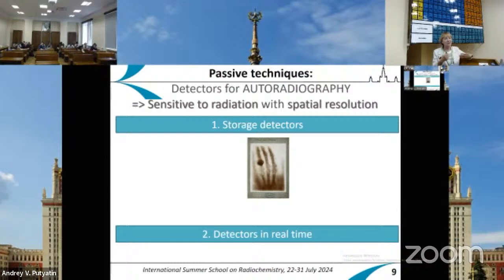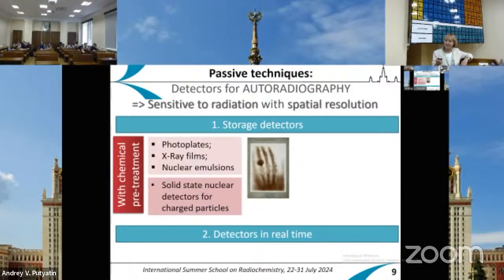Many kinds of detectors come to us from medicine because it is the sphere of very fast development of different equipment, and we use them in our scientific researches. The first kind of detectors are photoplates, X-ray films, nuclear emulsions. You know that radioactivity phenomenon was discovered using photoplate.